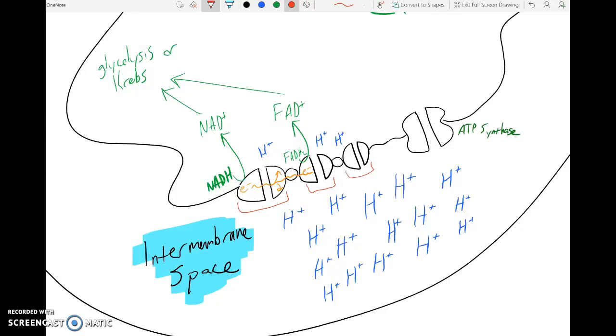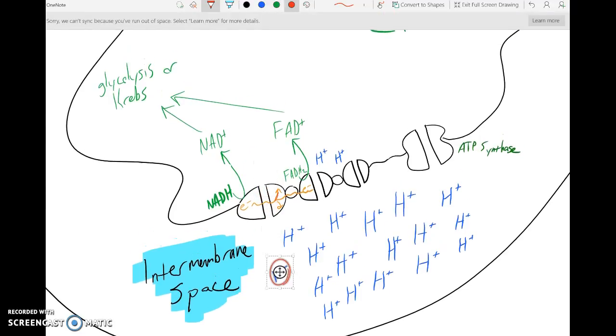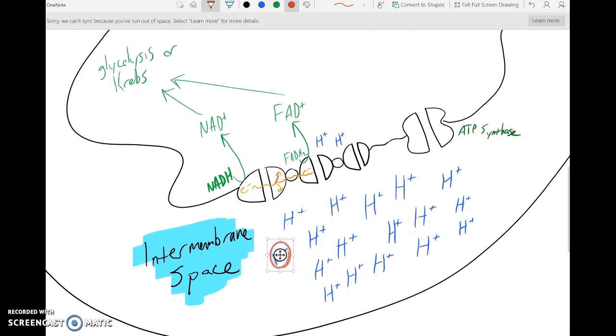What that means is whenever they have this energy, they're going to be using that energy to act as a pump for these hydrogen ions. So whenever this energy is given off, these hydrogen ions are going to move across this membrane down here into the intermembrane space.